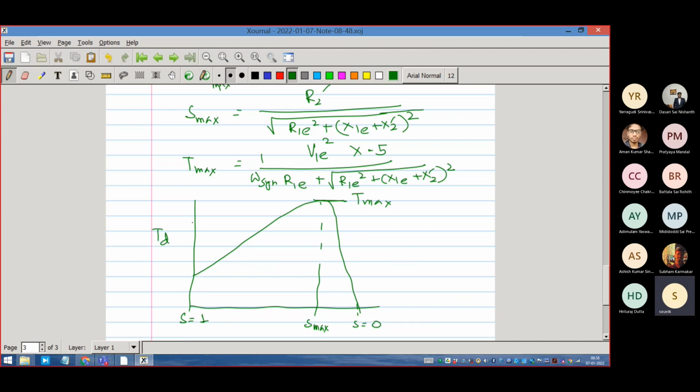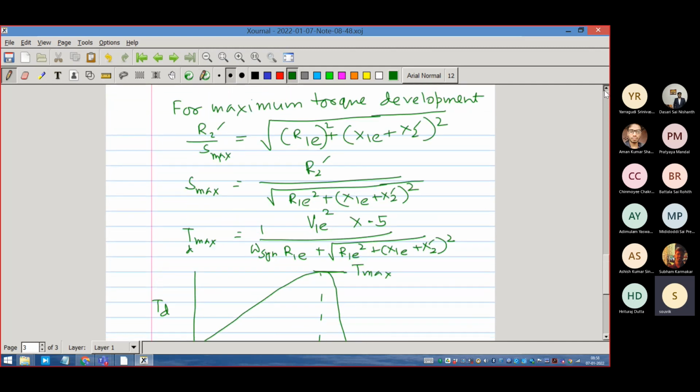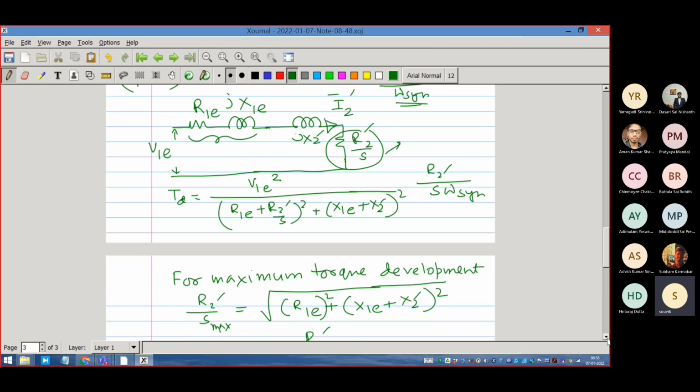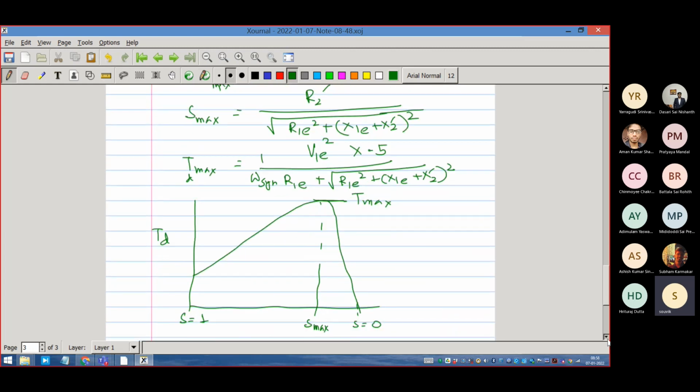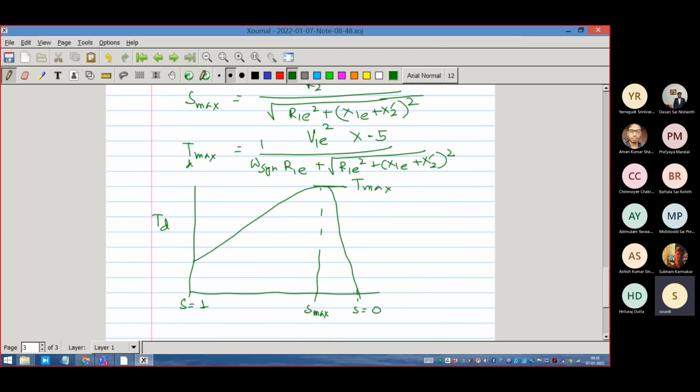This is the developed torque, TD max, let me suffix it TD because it is developed torque. So this is TD max, and this is slip equal to 0, and this is the expression. Anything will work in steady state when there is an intersection of this with the load curve.